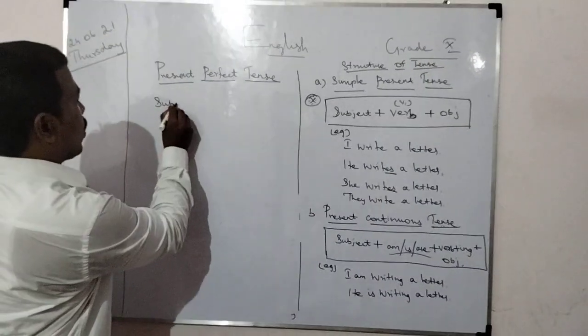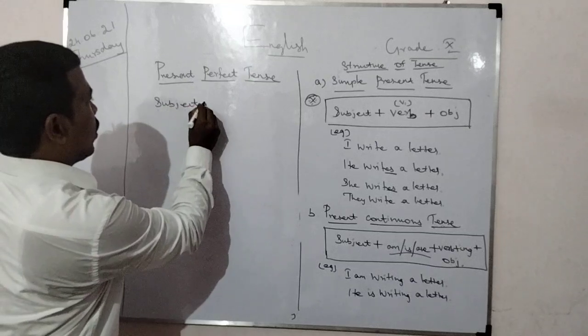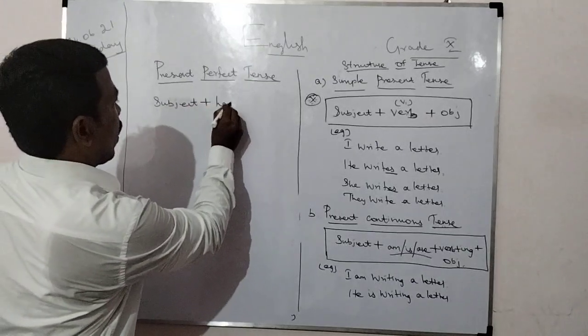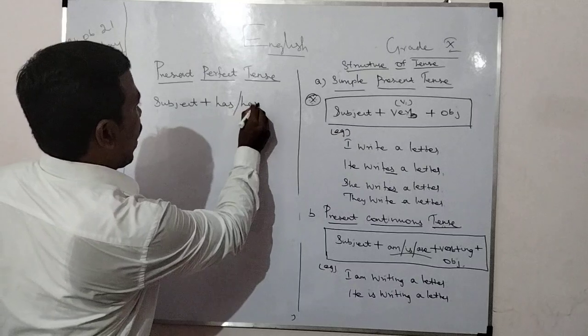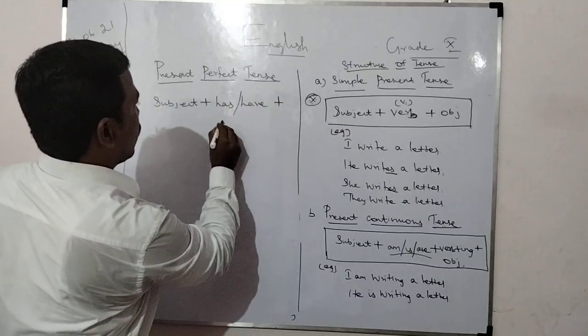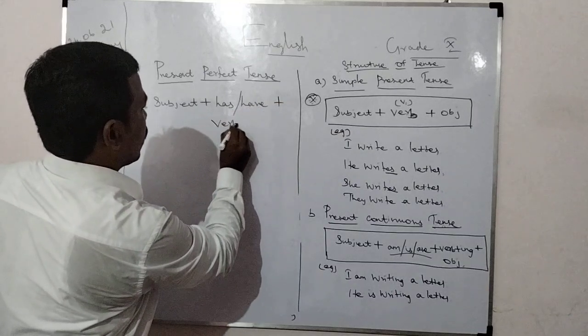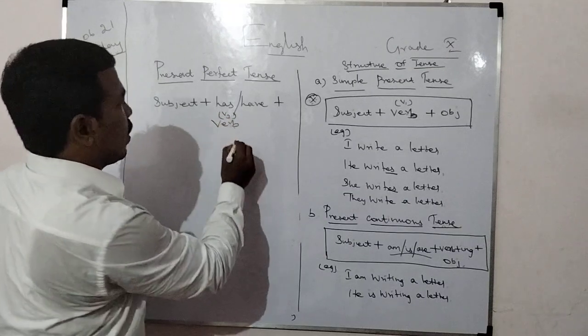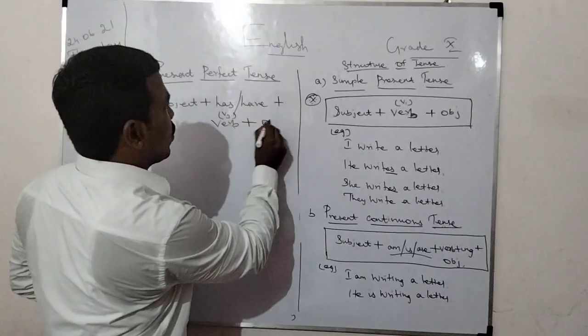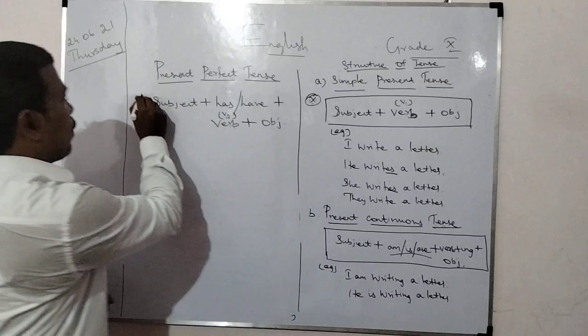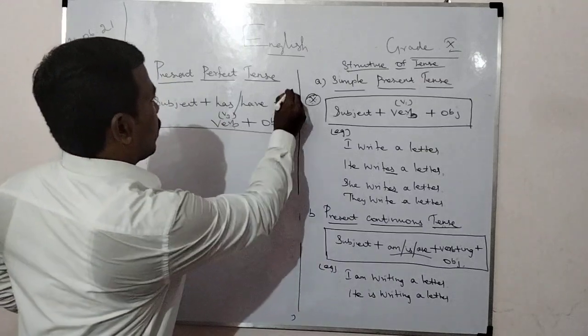So here the structure is subject plus has or have plus verb. The verb should be the V3 form of the verb, plus object. Keep it in your mind.